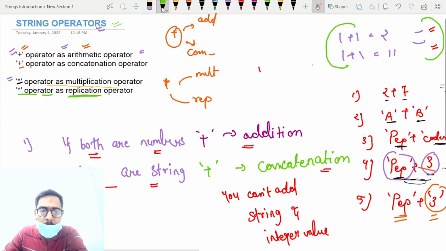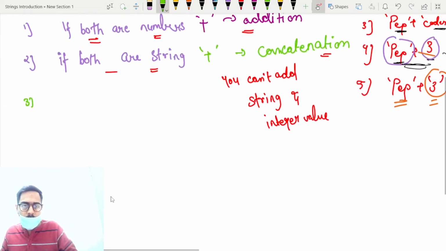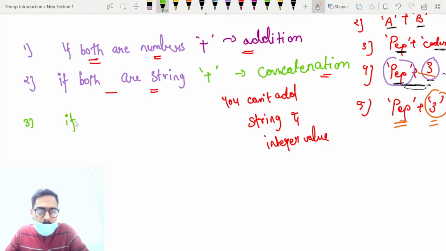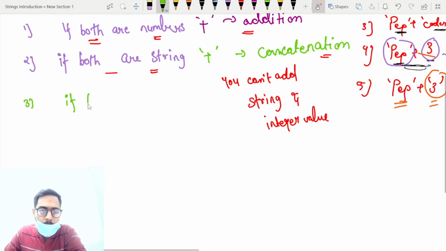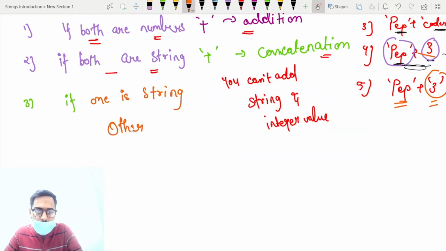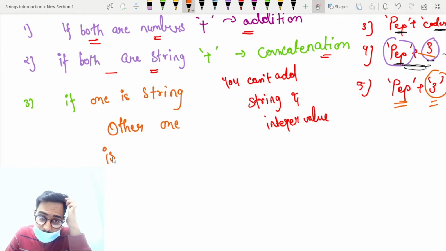The third and important point is, if one is a string and the other one is an integer.